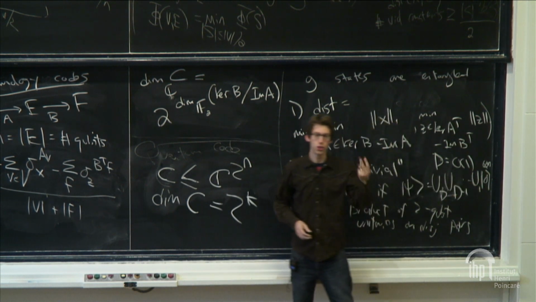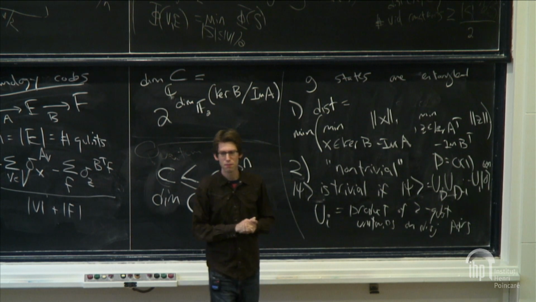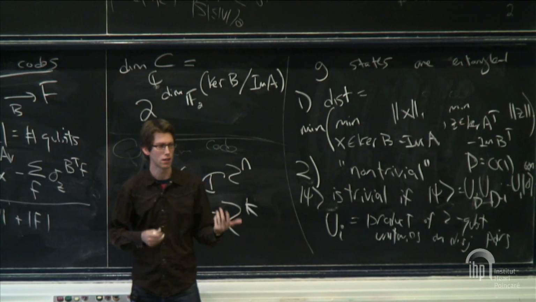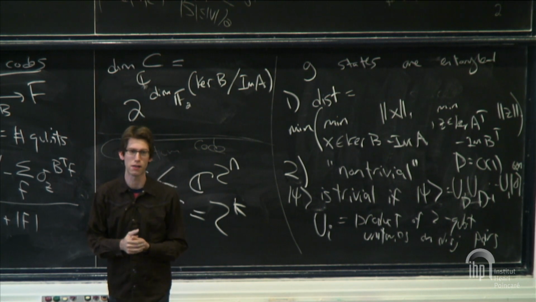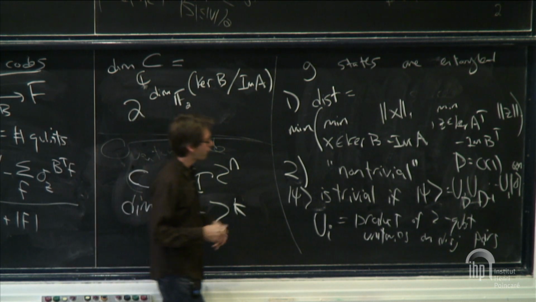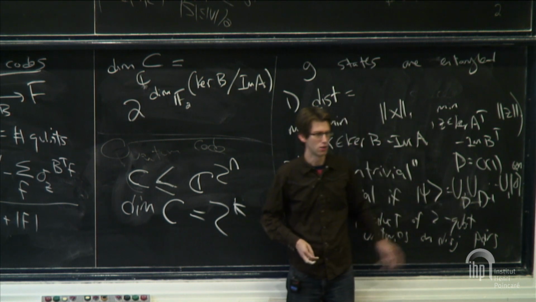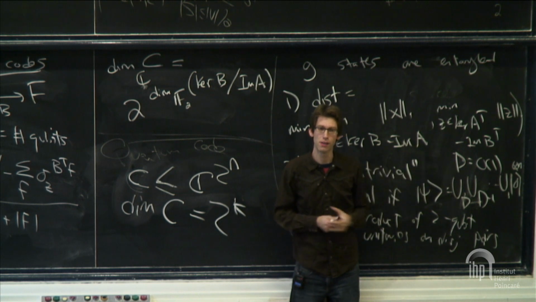And there are two reasons why a trivial state is relevant. One of them is in condensed matter theory. There's been this effort of classifying phases of matter. And we say the two phases are equivalent in the thermodynamic limit if you can relate them with a constant depth circuit. There's a few equivalent notions of this, but this is one reasonable way of saying it.